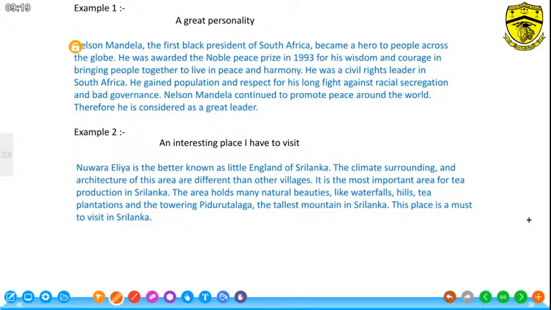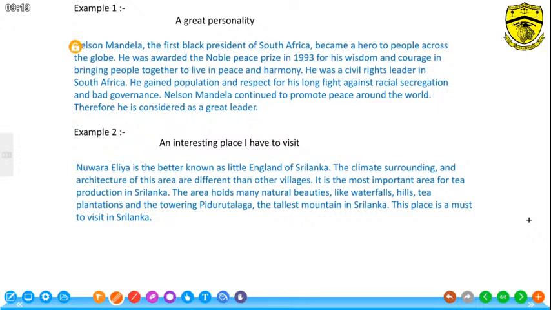And here I'm writing Nelson Mandela. Do you know about the person Nelson Mandela? The first black president of South Africa, he became a hero to people across the globe. He was a great fighter against the white people, and he became the first black president of South Africa.